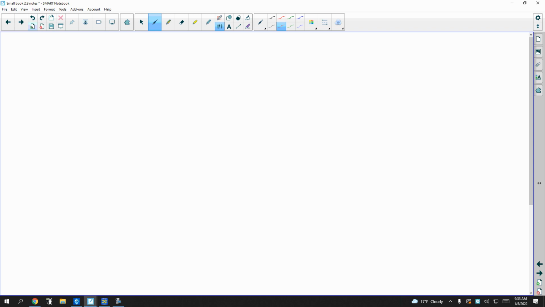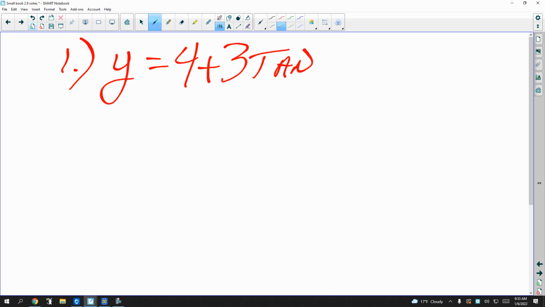But don't worry about that. Just write these down and you should be good, okay? Ready? The numbers don't match up with the book. So first one, y equals 4 plus 3 tangent theta. That's number 1. Number 2 is the cotangent.